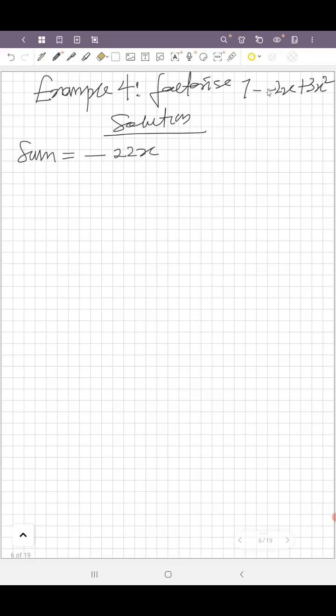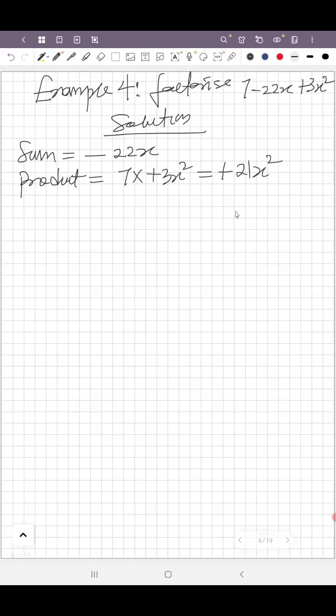Let me write it here. We have minus 22x plus 3x squared. So the product is 7 multiplied by plus 3x squared, which is equal to plus, we must consider the sign, please, plus 21x squared.